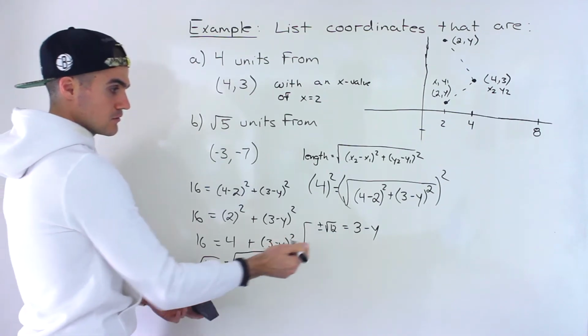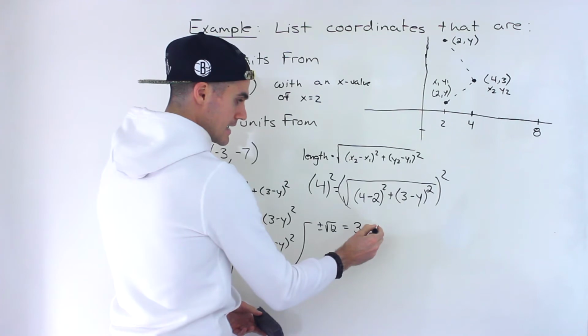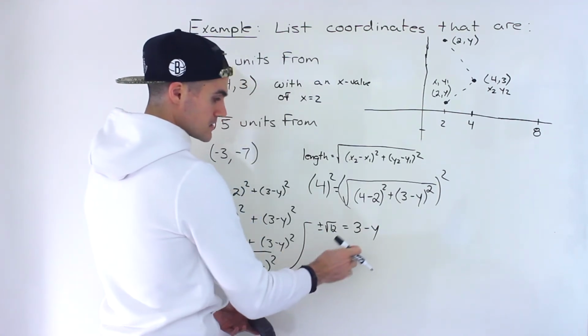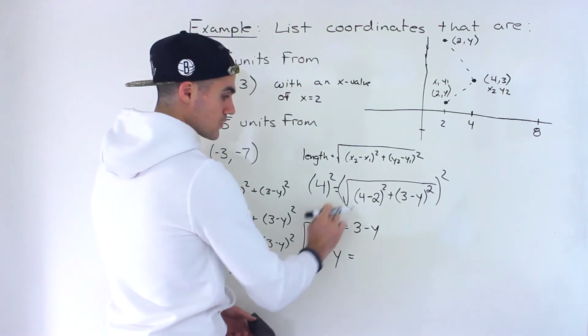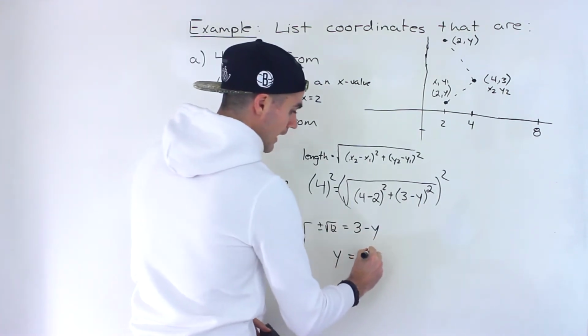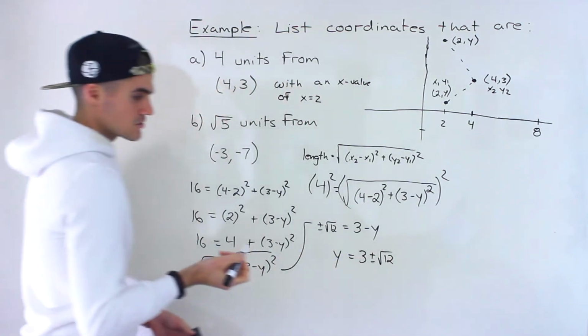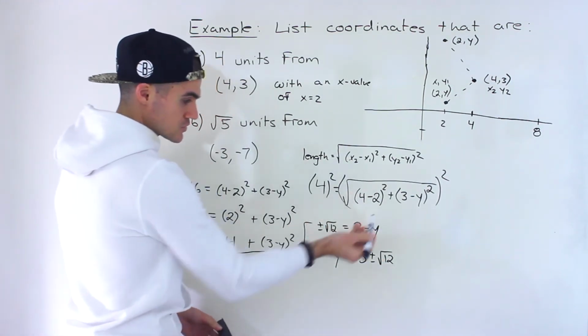And so now, isolating for this y, notice we have a negative y here. So I'm going to take the negative y and bring it over to the left side to make it positive, to isolate for it. And then this plus or minus root 12 I'm going to bring over. And then it still ends up just being 3 plus or minus root 12, because this positive would turn into a negative, but then this negative would turn into a positive.